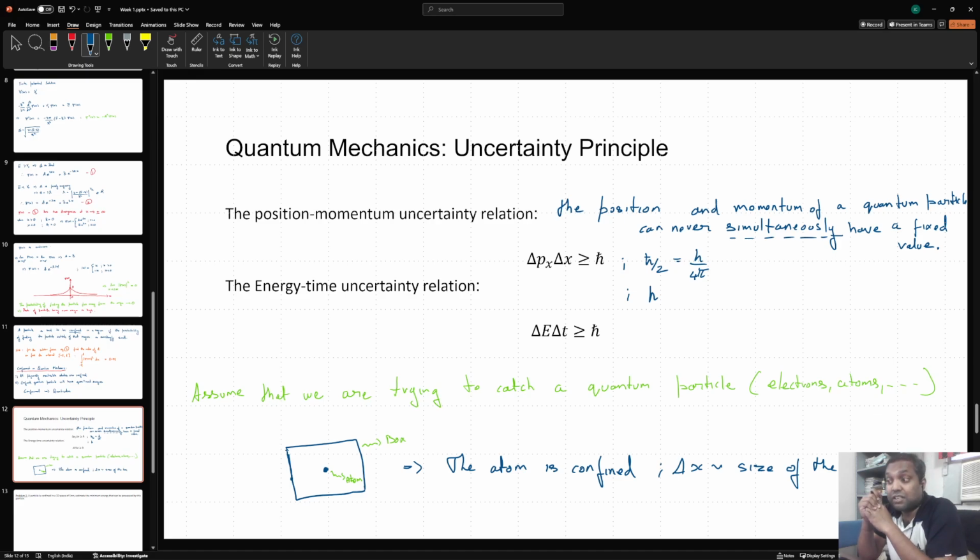By the uncertainty relation, this implies delta p is greater than or equal to h bar by delta x. Therefore, the smaller I try to make the box, the larger the uncertainty in the momentum will be. Now, what implication does that have?